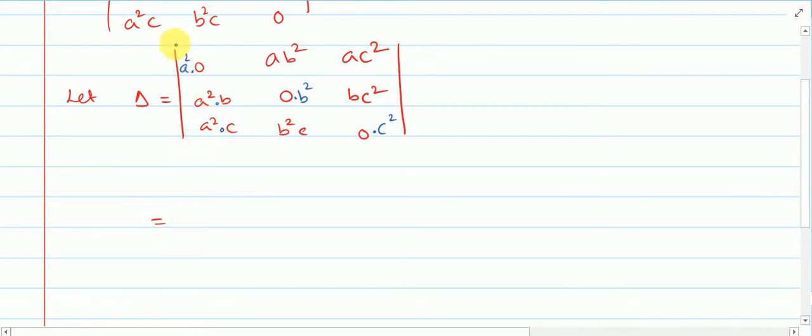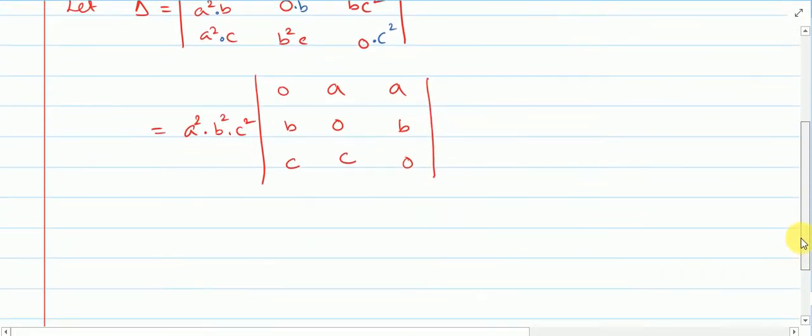So we will take out a square common from the first column, so we get a square. From second we are taking out b square, and from third we are taking out c square. So we are left with 0 b c a 0 c a b 0.